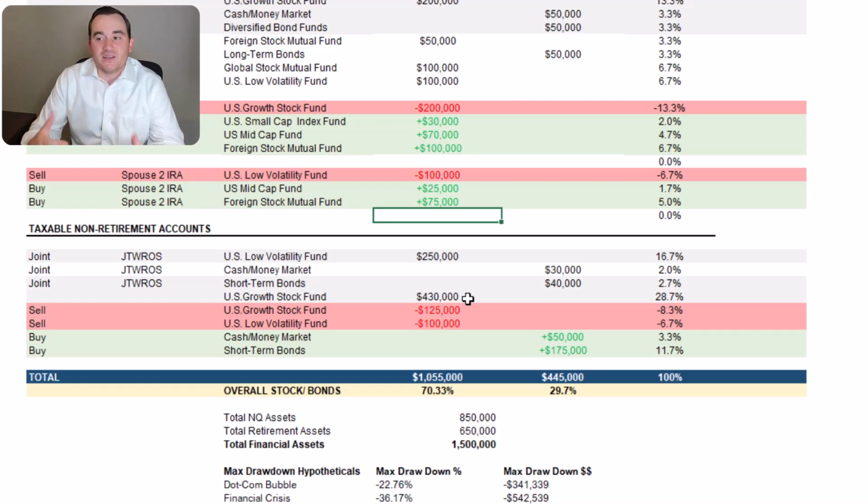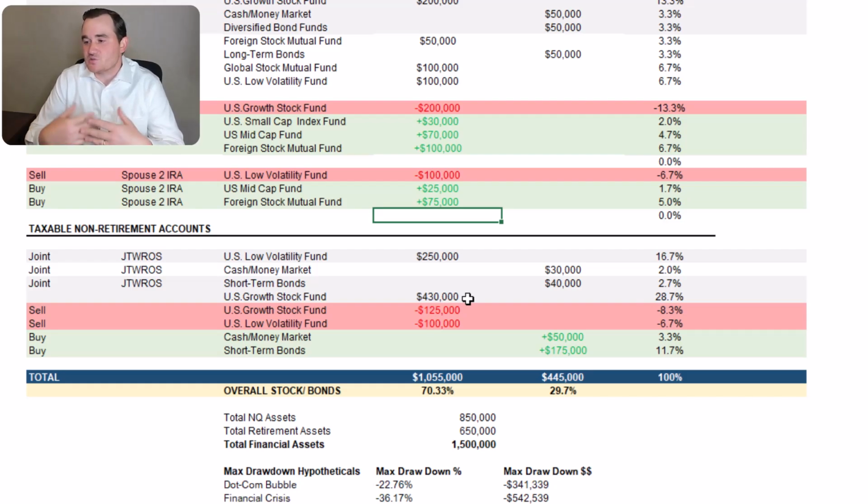Although that is the case, I would encourage this couple to still consider selling off some of these concentrated stock fund positions within the growth fund and the low volatility fund, and a lot of this is going to depend on how much appreciation there is and how much income they have in that year.